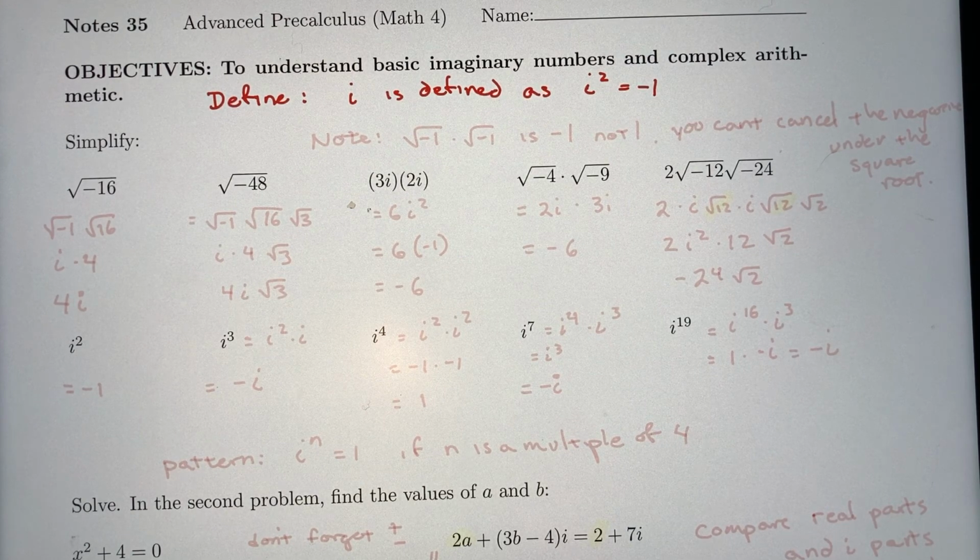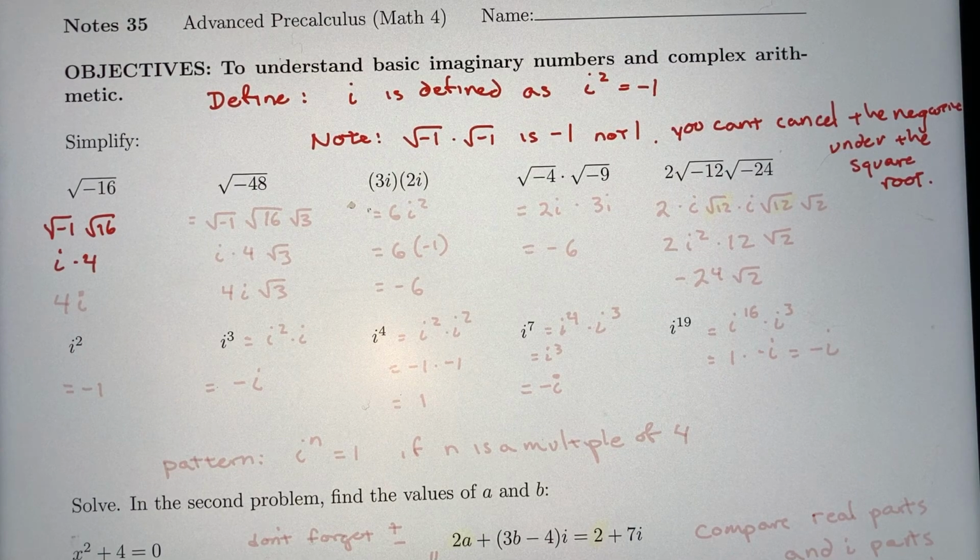We usually try and write it that way rather than writing square root of negative 1 because you have to be a little bit careful with that. All right, so this is going to be for i.